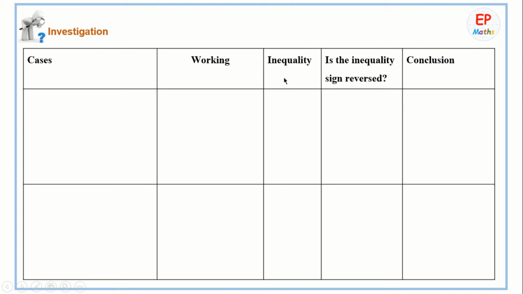We look at the inequality sign after the working, to see if it has been reversed or not reversed. To reverse is like to change. So we are going to see if the sign has changed or has not changed, and then we will draw our conclusion. Okay? So we will consider the inequality 10 is more than 4 to complete this table.